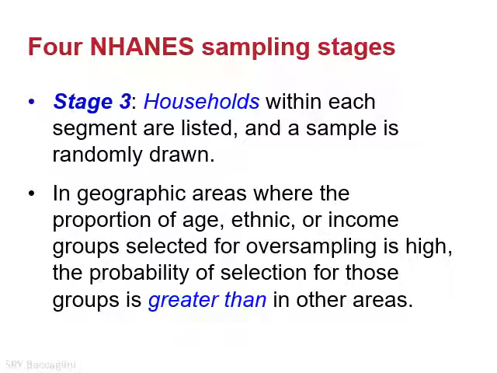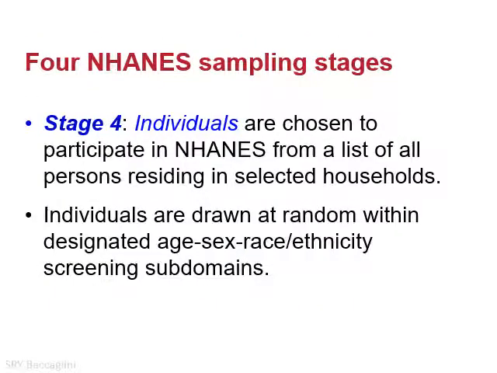Then within each city block, there will be specific households that will be selected. Lastly, in stage 4, we will select specific individuals from each household. And these are based on designated age, sex, race, ethnicity subdomains.